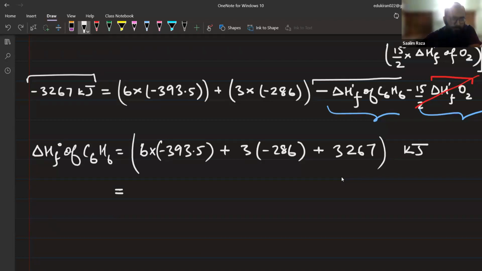Anyone got the answer? I'm getting 48. Yes, very good, that is correct. 48 kilojoule. This is the enthalpy of formation of benzene. Since in benzene we are using 1 mole, you can also write it as 48 kilojoule per mole.